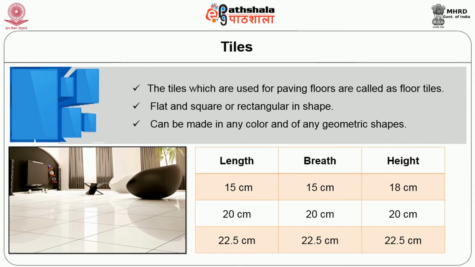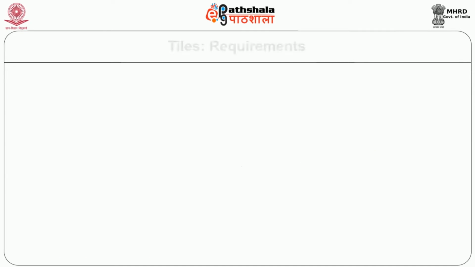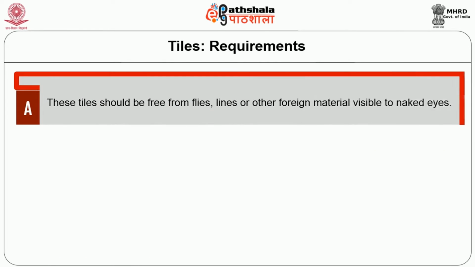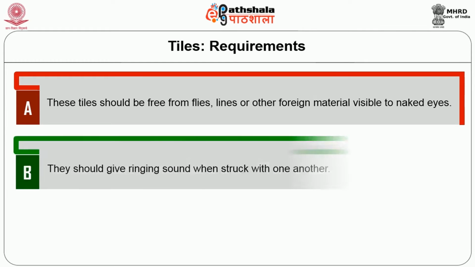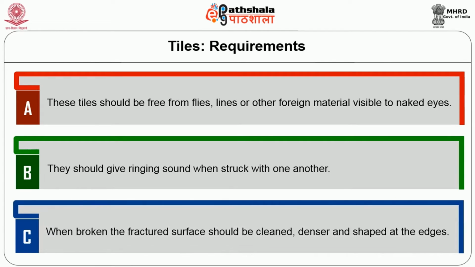The size can vary from 15 centimeter by 15 centimeter to about 22.5 centimeter by 22.5 centimeter in length and breadth. The requirement to lay a tile is that it should be free from flaws, lines and other foreign material visible to the naked eye. They should give a ringing sound when struck with one another. When broken, the fractured surface should be clean, dense and sharp at the edges.